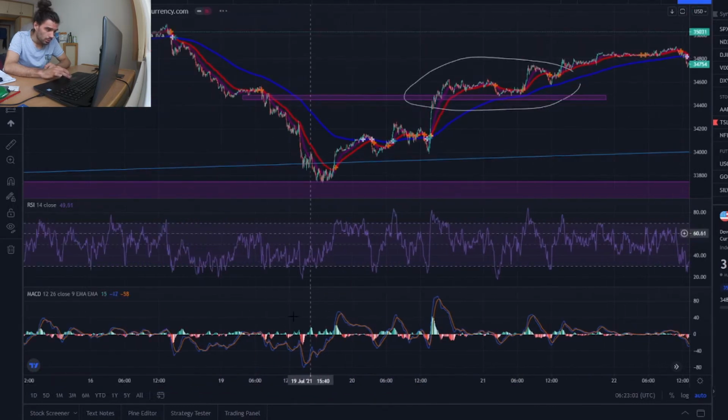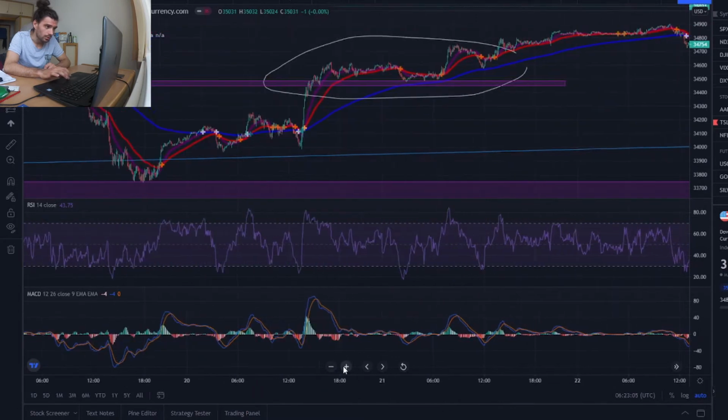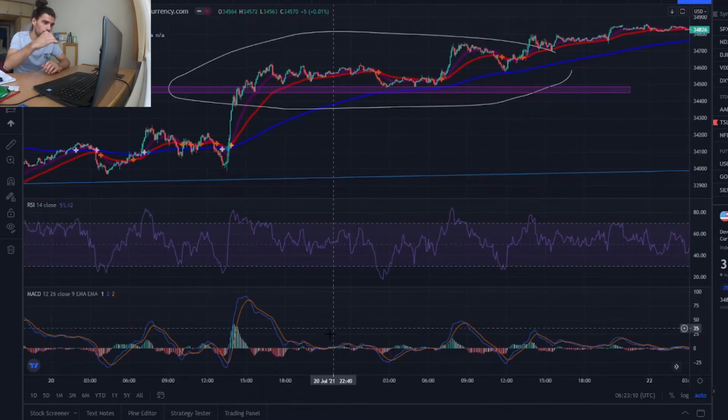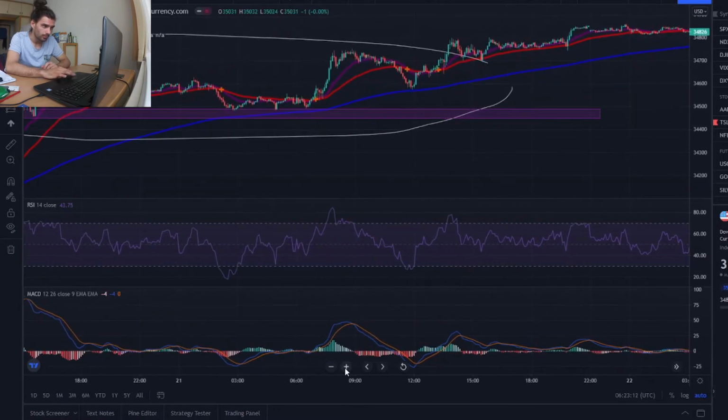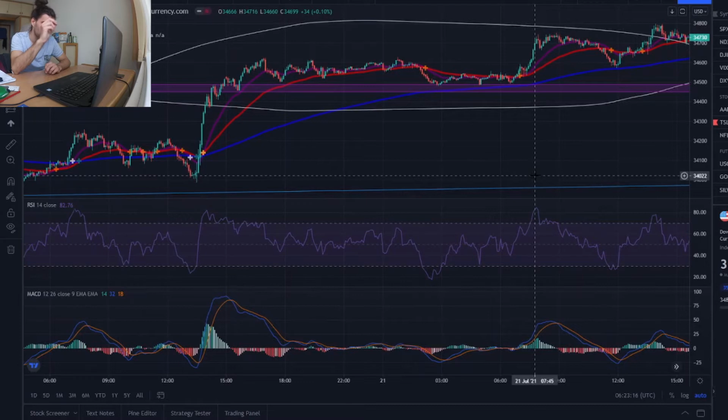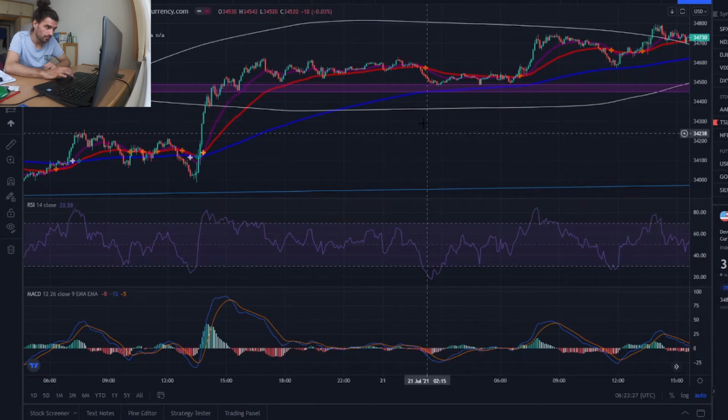We saw this trend on the 1-hour chart between the 50 and 200 EMA, even though we were below the 200 EMA, which is not always bearish momentum, because like I said, we can always turn around and suddenly break out and go higher. So you want to focus on this area. This is what happened here.